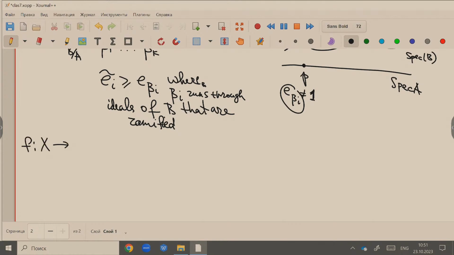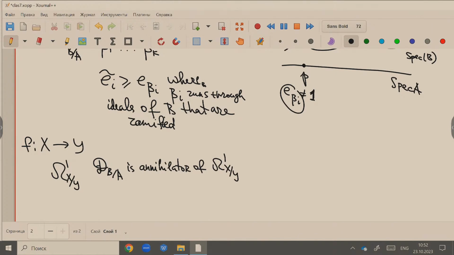If you have a morphism of varieties, you can consider the sheaf of relative differentials, and the different is the annihilator of this sheaf. So d of B over A is the annihilator of omega 1 of X over Y.